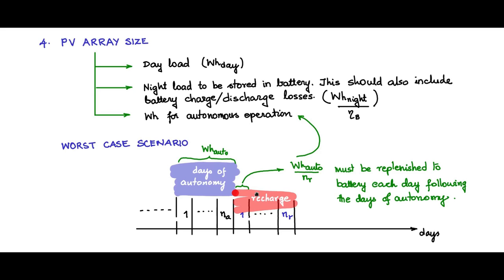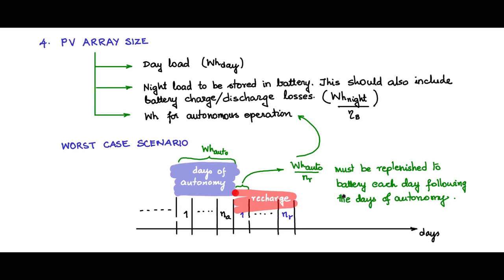Now this WH auto by NR is what represents the watt-hours for autonomous operation. This is the component which has to come from the PV array. WH night by efficiency of the battery has to also come from the PV array, and the watt-hours for the day obviously has to come from the PV array.